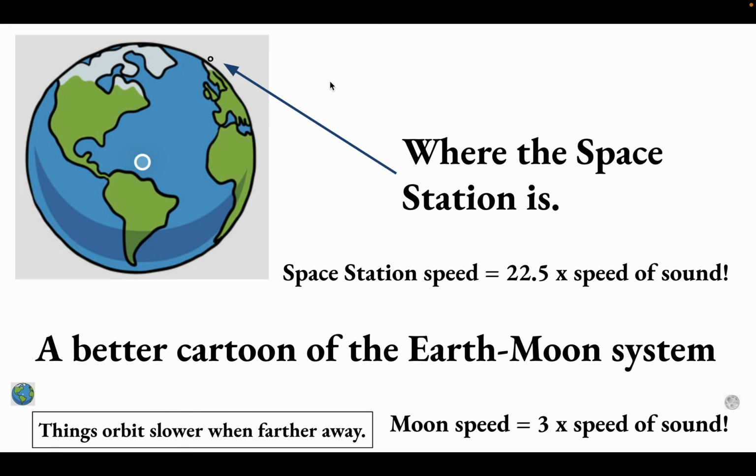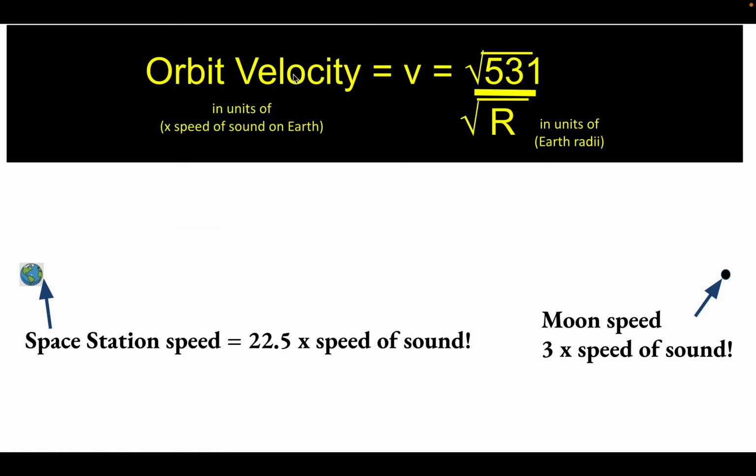So the upshot is that when you make things farther away, in a circular orbit, they would orbit slower. It turns out that the relationship between these things can be written like this. If you put an input into this equation in units of how many Earth radii away you are, this equation will output how fast you have to go to orbit at that radius.